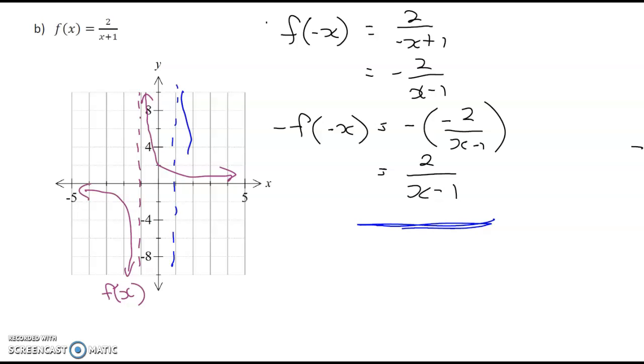So that guy's going to go through down there, and it's going to continue up like that, and then down the bottom, it's going to go through like that. And so that's reflecting both in the x and y axis. So that's the function of minus f of minus x.